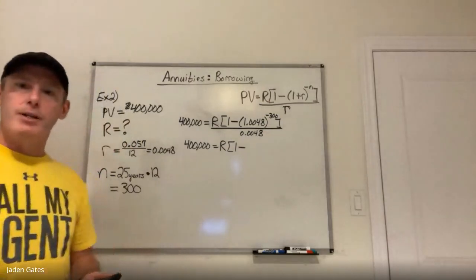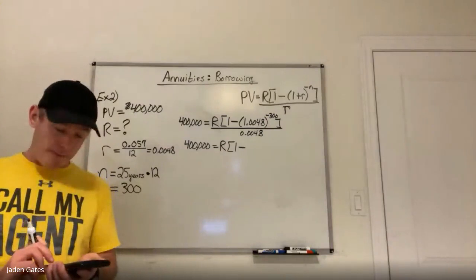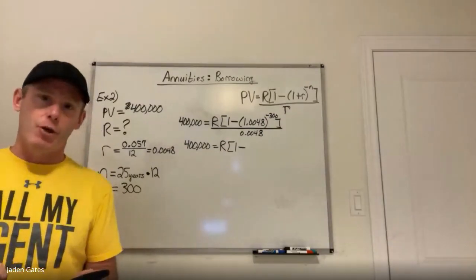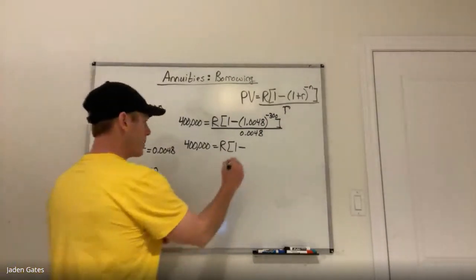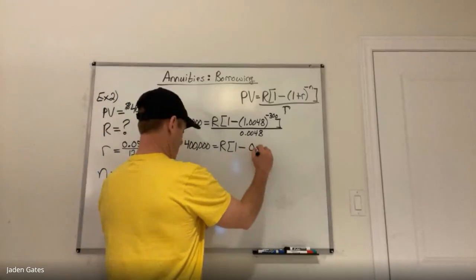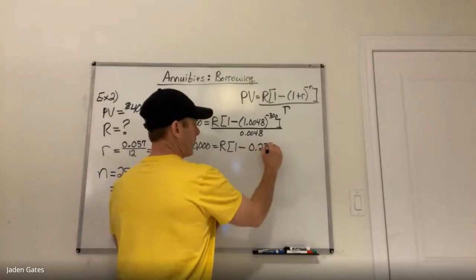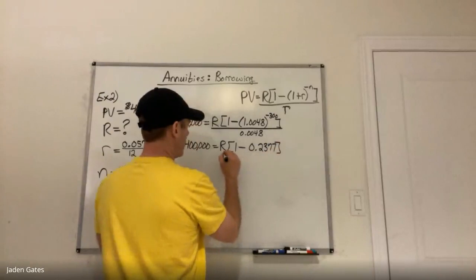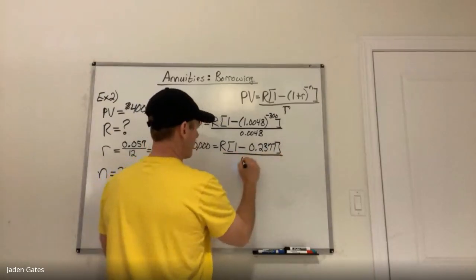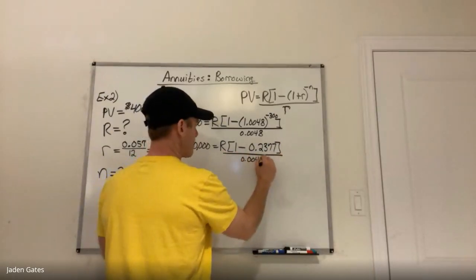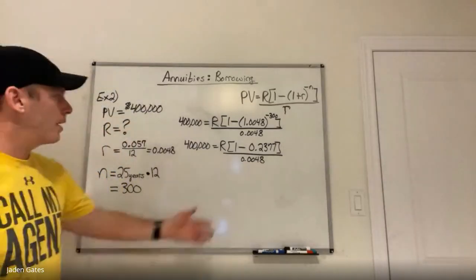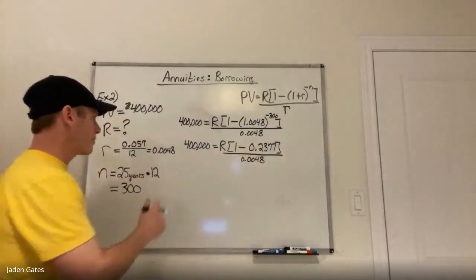A lot of the mistakes I see in this formula are forgetting that minus sign, which will really throw your answers out of whack. And so I get 0.2377. All right, and again, divided by 0.0048.